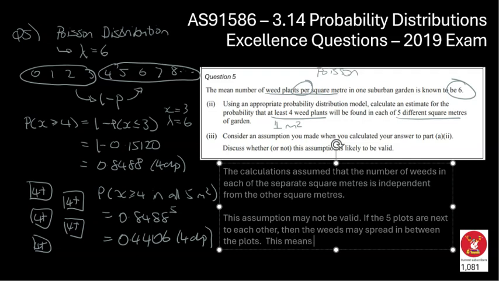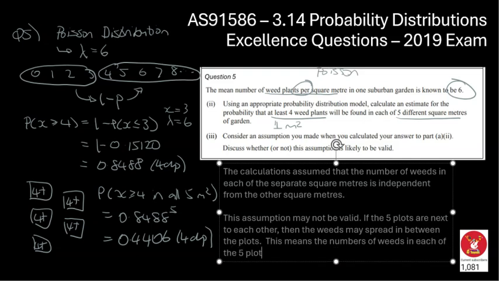This means the number of weeds in each of the 5 plots may not be independent of each other.